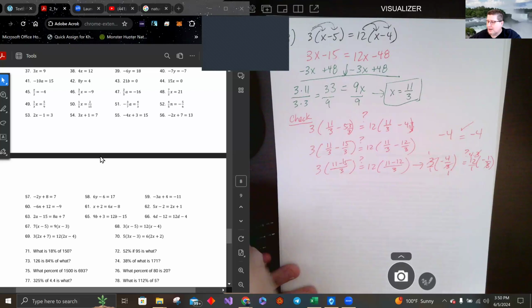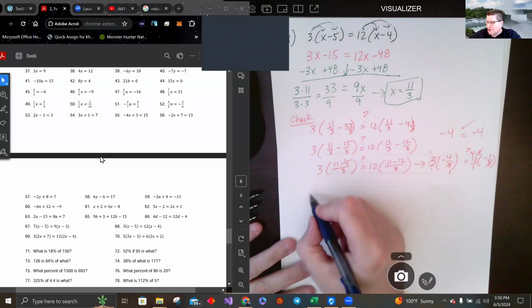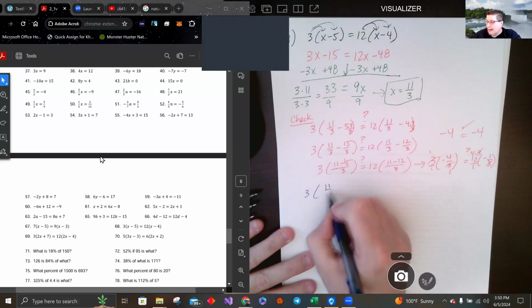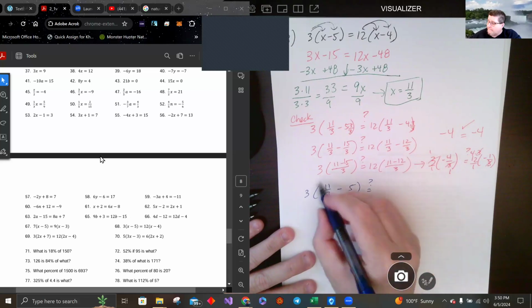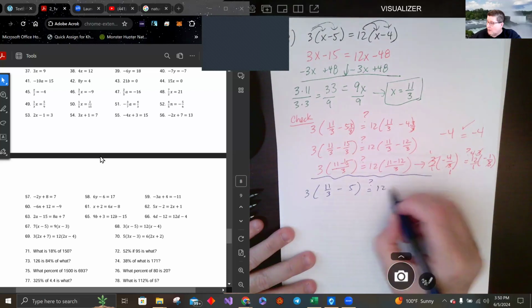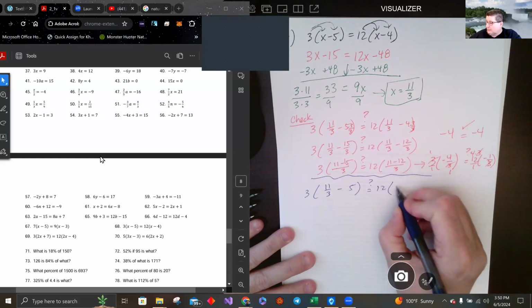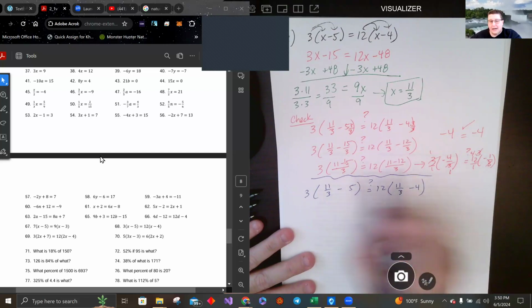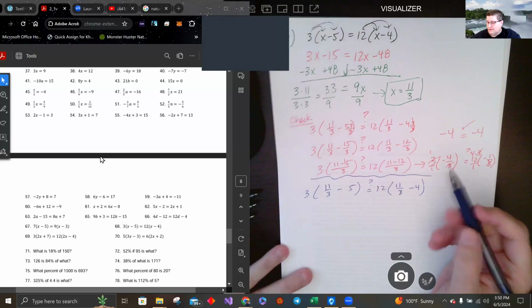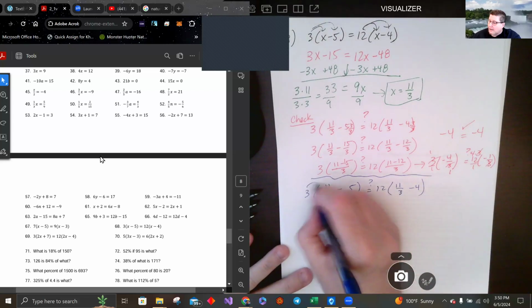Another way to do that check, which has a little like, you can't make the fractions go away right away, but we have something that kind of works. Instead of getting a common denominator on the inside and cleaning up the parentheses, distribute.